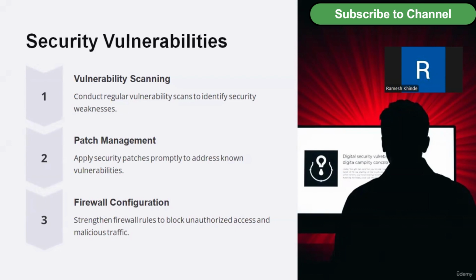If we know of some problems, we'll take care of them and do some prevention accordingly. Then the next one is firewall configuration. Strengthen the firewall rules to block unauthorized access and malicious traffic. If unauthorized users are accessing, or something wrong is happening, that should be filtered and blocked. So you have to do the firewall configuration accordingly.